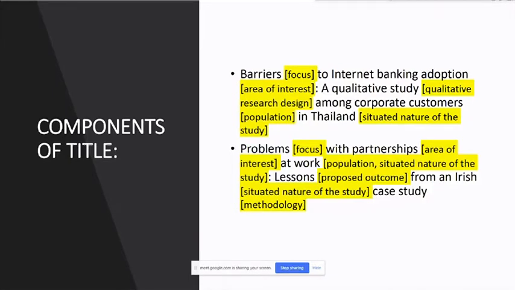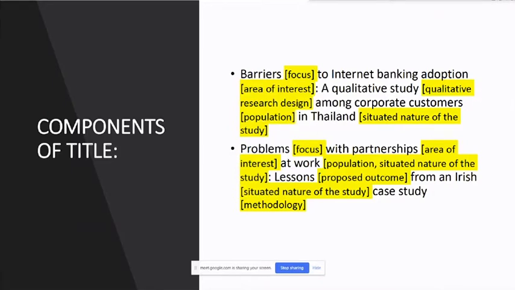Okay, let us look at some examples here. The one that I highlighted in yellow is the characteristics that a good title should have. The actual title for number one is Barriers to Internet Banking Adoption: a qualitative study among corporate customers in Thailand. If you deconstruct the title, barriers would be the focus of your study.